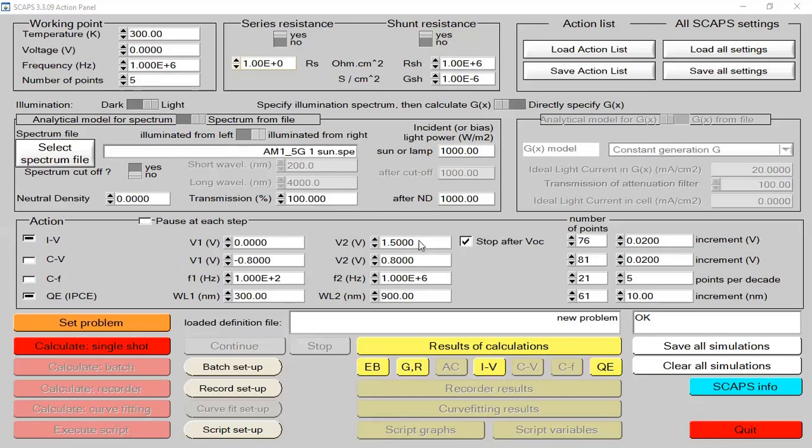So I'm going to fix my value at 0.8 volt, because the highest VOC value achieved in today's simulation is nearly 0.8, and I'm trying to get a better graphical representation. So I'm going to mark this clear simulation option.